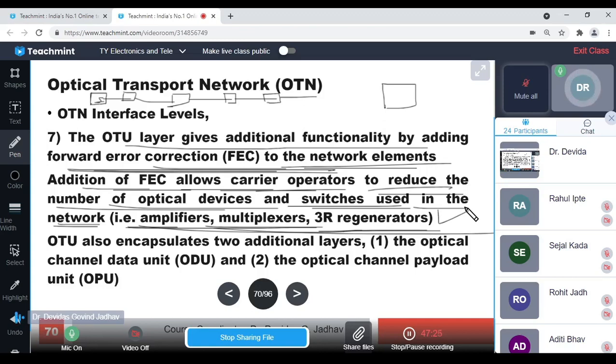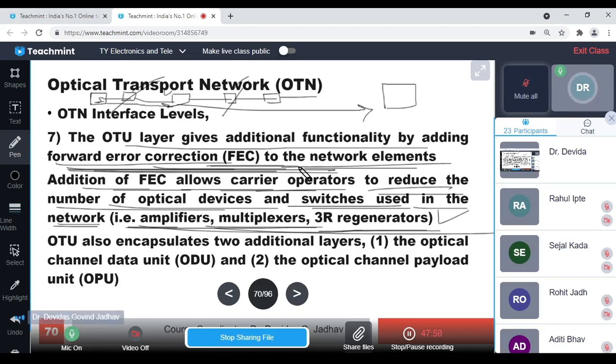But if forward error correction is introduced, then we can remove alternate or some of the amplifiers, some of the multiplexers, and some of the 3R generators in between. So the signal can be sent from one amplifier to the next over a very long distance. If an error is introduced by the transmission because of the weak signal, that error can be corrected.